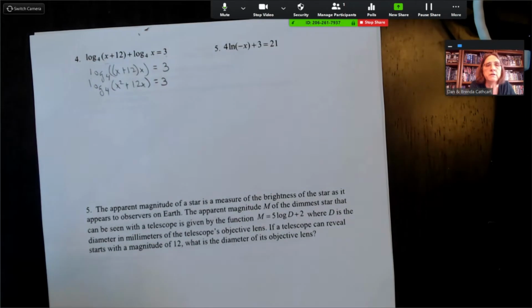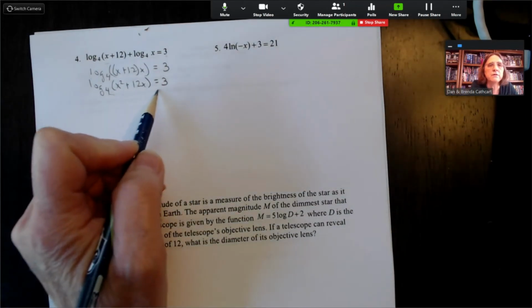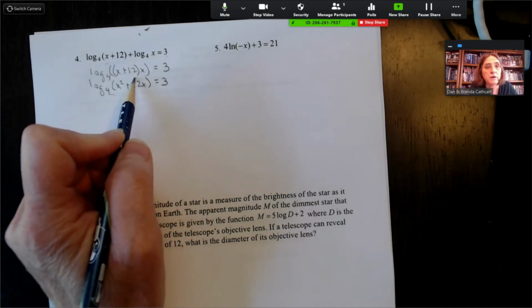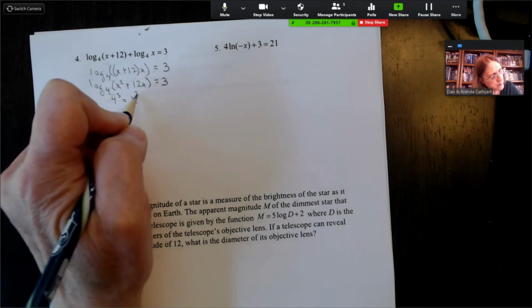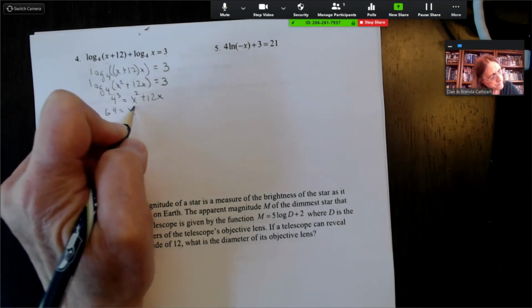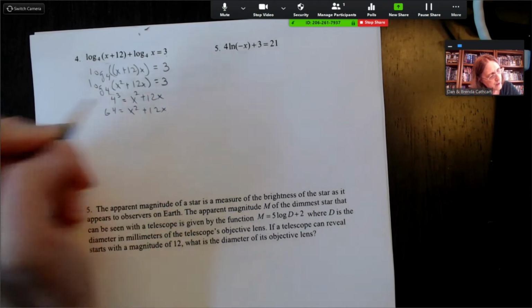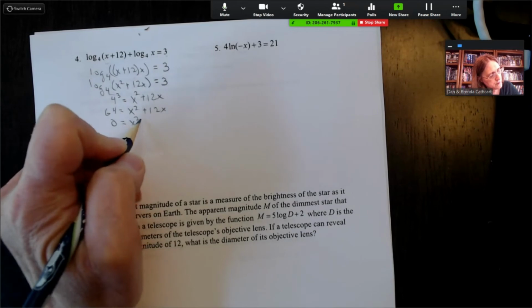And now the tricky step: we have to take it out of log form, identify the base, to the power equals the argument. So 4 to the third equals x squared plus 12x. 4 to the third is 64. Again, get one side equal to 0 because it's a quadratic equation.